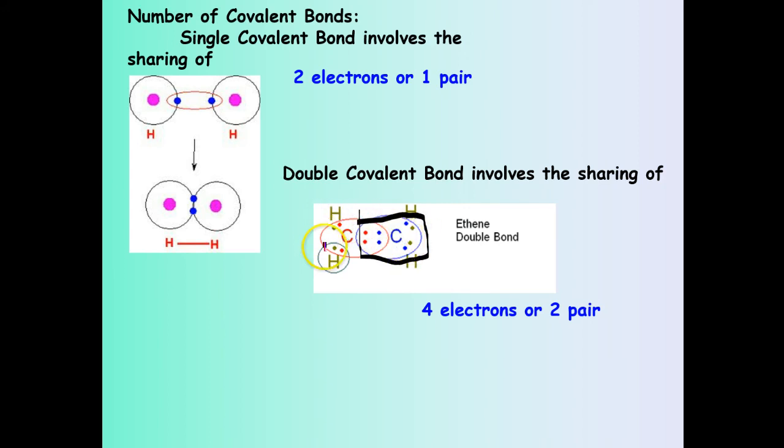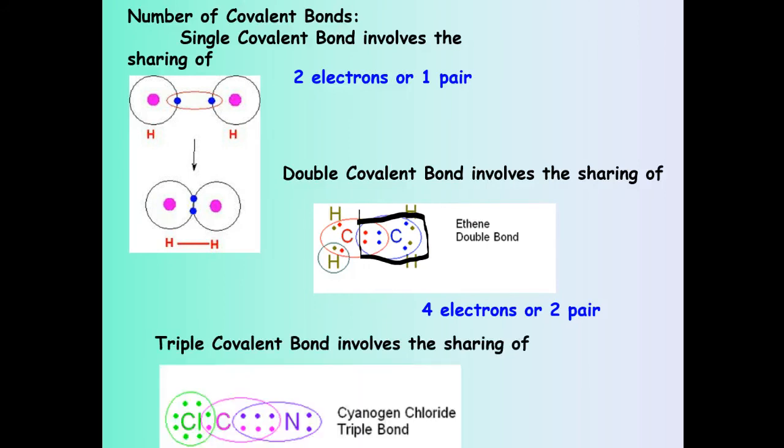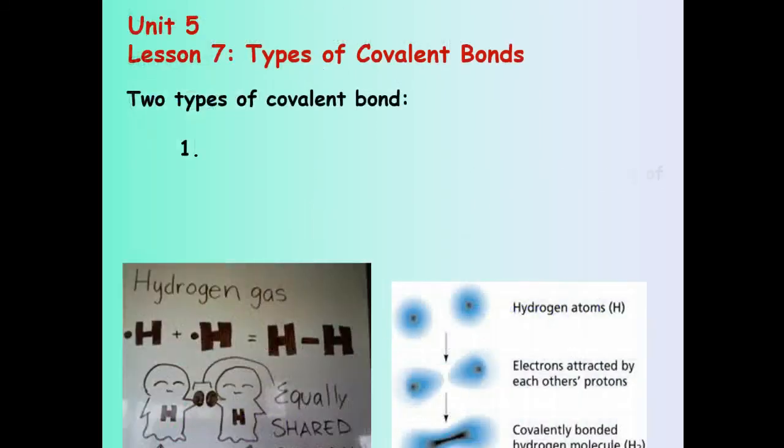And if you do the same with the other one, you see that those 4 electrons shared between the two completes the octet for the other one. A triple bond is the sharing of 6 electrons or 3 pair of electrons.